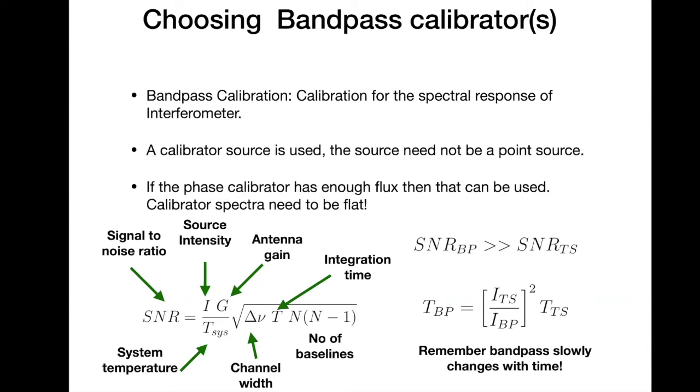For those, you can just use your flux calibrator, which is a very bright source, and your bandpass will be fantastic. But imagine that your bandpass response changes with time. Then you cannot do that, right? Because it was observed 10 hours ago. Right.